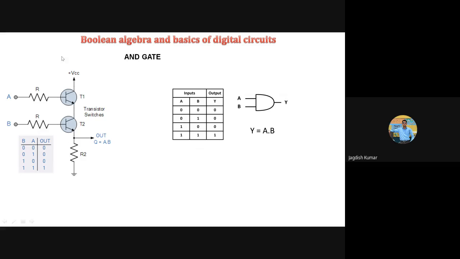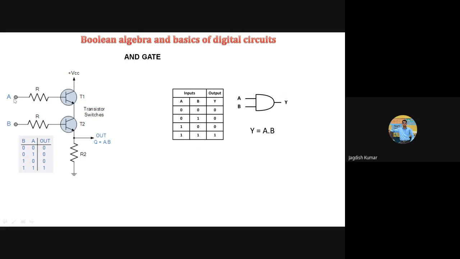So again, how does this circuit operate? The operation is simple. Again, we have 2 NPN transistors connected in series, and A here is acting as the bias voltage for the transistor, rather the base-emitter junction of the transistor. A is the bias voltage.